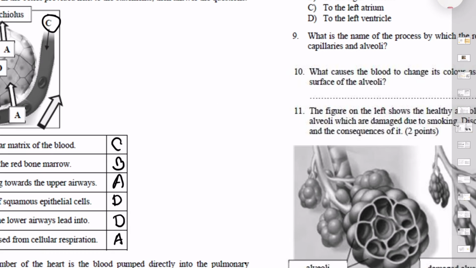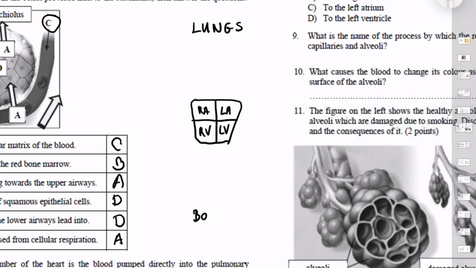So our heart is made up of 4 distinct chambers: left atrium, left ventricle, right atrium, and right ventricle. The pulmonary circuit is responsible for connecting the lungs with the heart, and the systemic circuit connects the heart with the rest of the body.